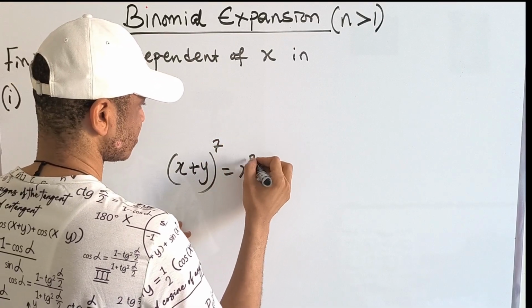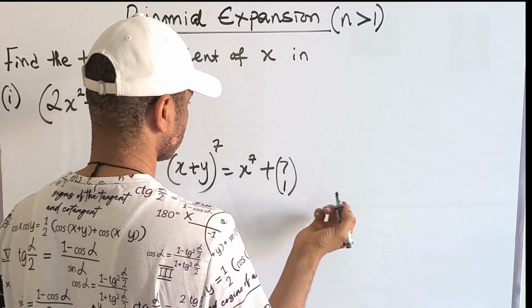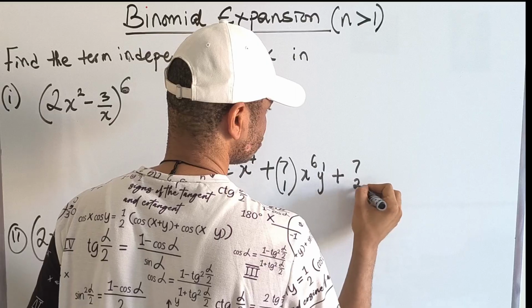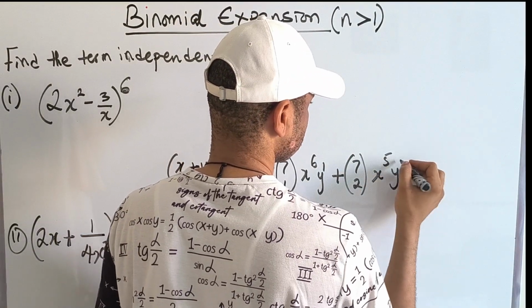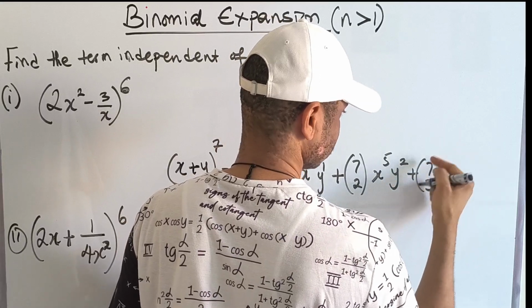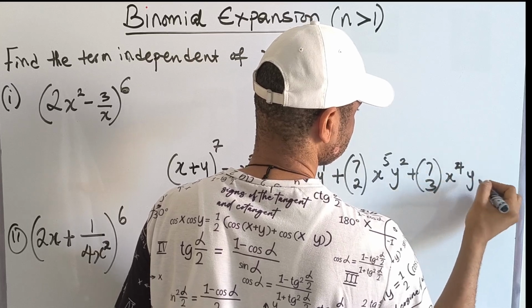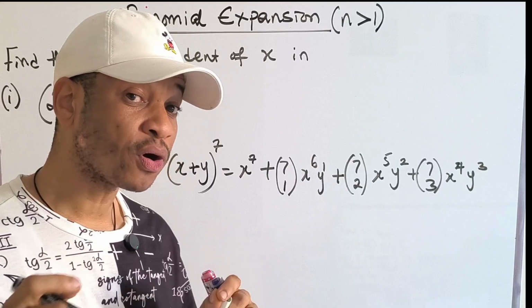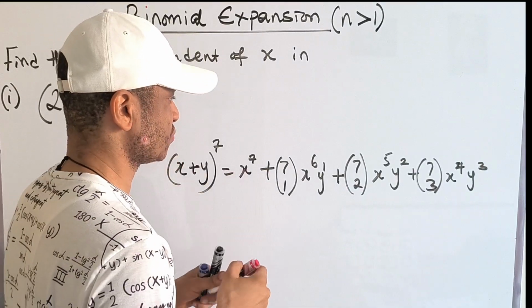This is x^7 plus 7C1 x^6 y^1 plus 7C2 x^5 y^2 plus 7C3 x^4 y^3, and it continues. The point of doing this is to see the technique I'm using to solve this kind of question.